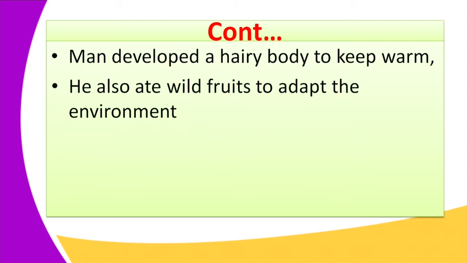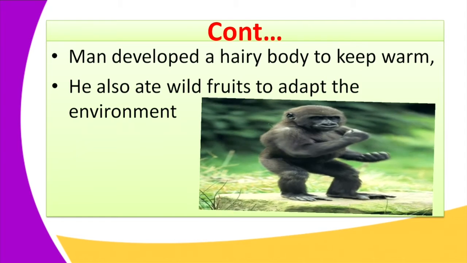Even after isolation and natural selection, there were stronger human beings that were left. He had to change the physical characteristics. He had to change the type of food, the diet, and therefore he started eating the wild fruit and also the raw meat to adapt to the new environment.